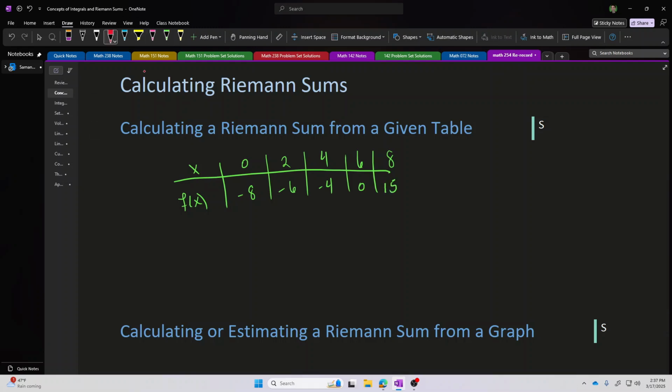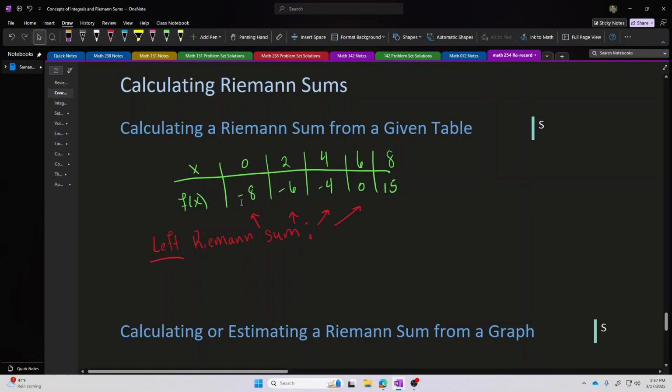If someone asks you for a left Riemann sum, a Riemann sum using the left endpoints, they're asking you to choose xi star and f of xi star to always be the left values on each subinterval. So those would be these four output values.